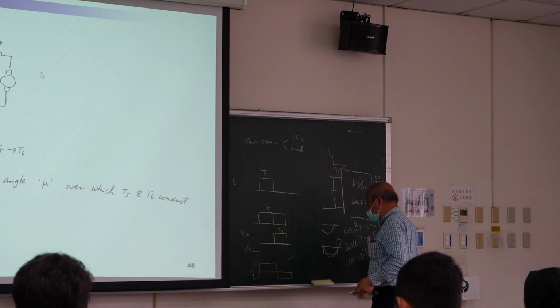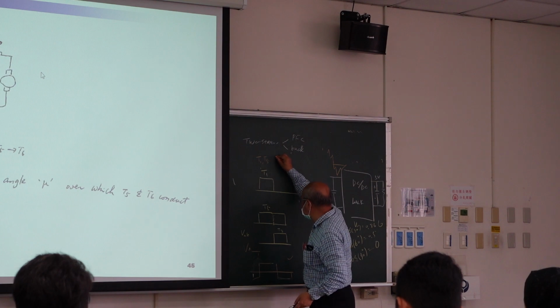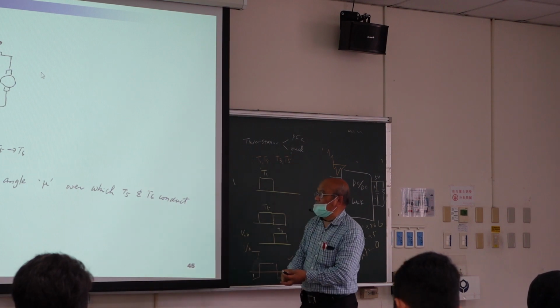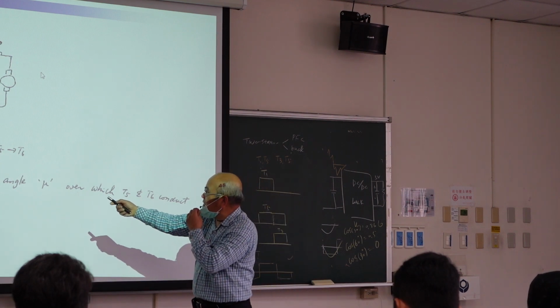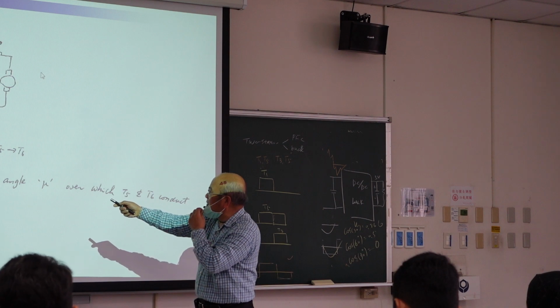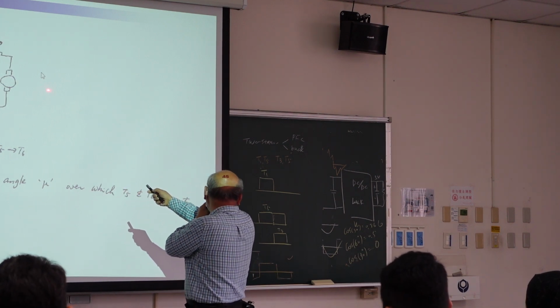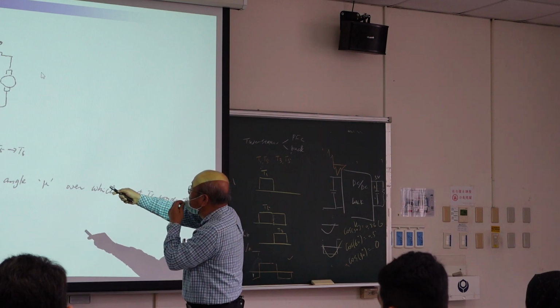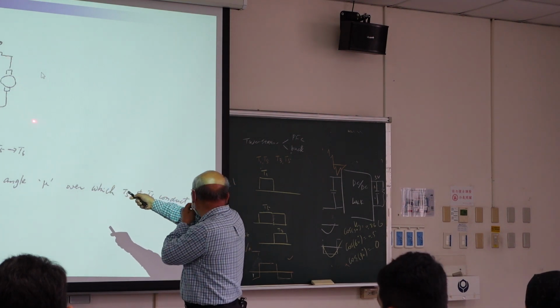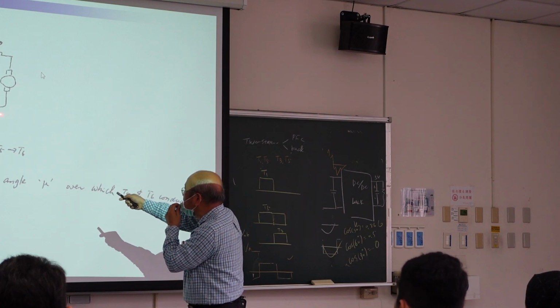So first, T1, T5. Next, T3, T5. Before, it goes this way, T1, T5, so AB. Next time is T3, T5, right?